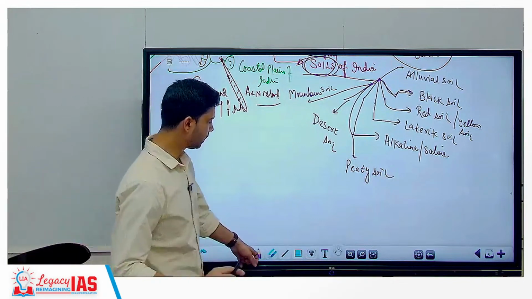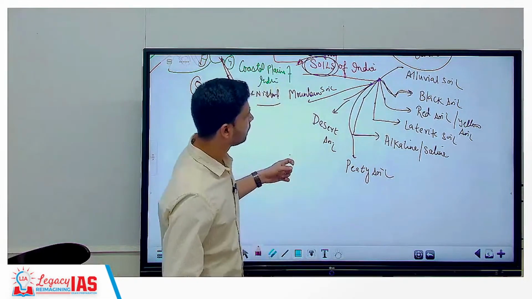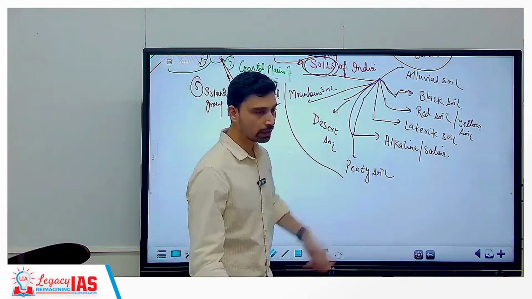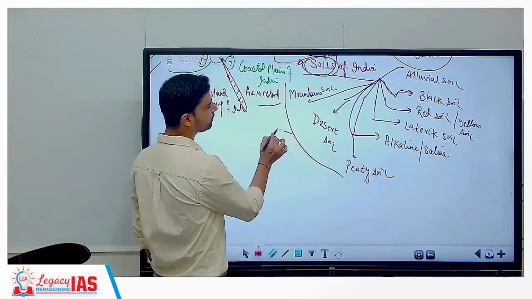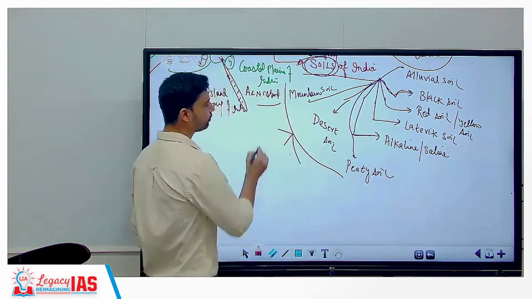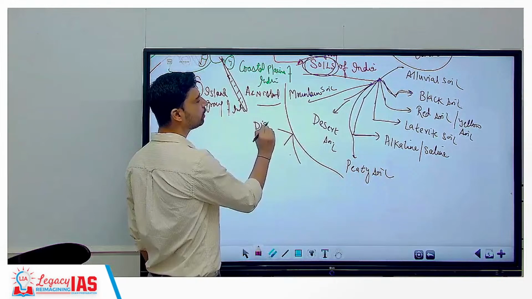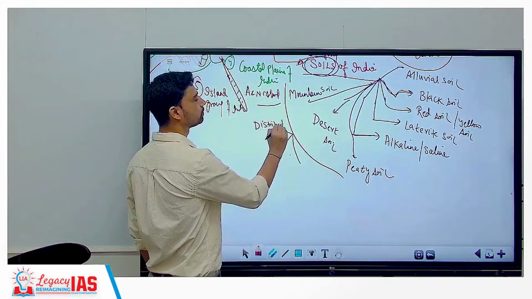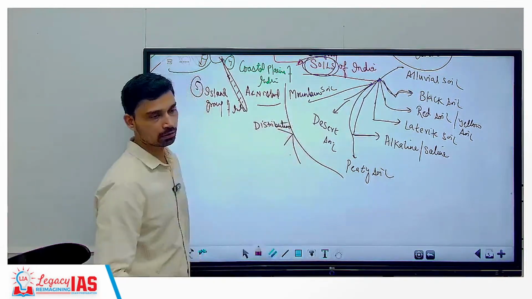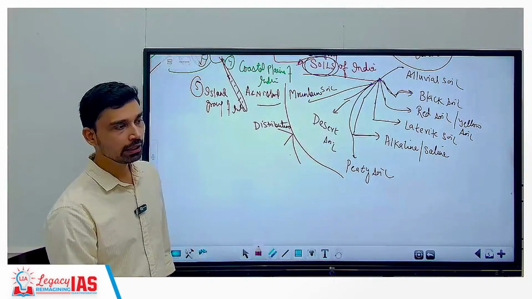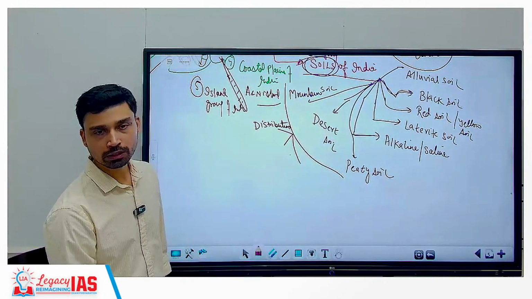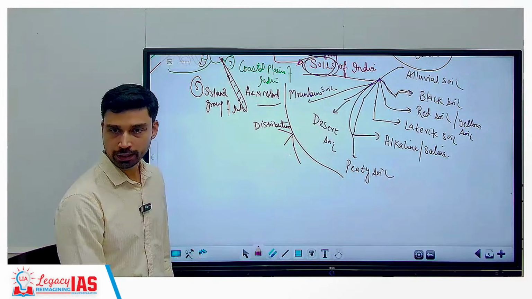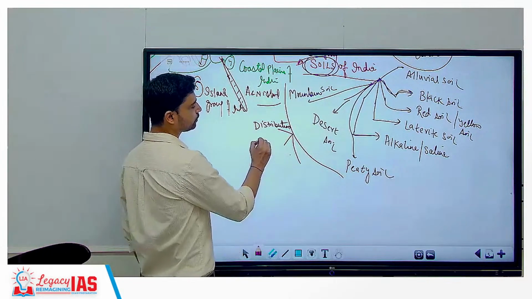So in this, what we have to basically focus upon, again, a lot of things are given in the books and all that, but largely if you look at the kind of question that is being asked, 3 kinds of questions are being asked. That means you have to learn, first of all, the distribution of the soil. That means which type of soil is found in which of the regions, which of the states of India. Second is the characteristics.